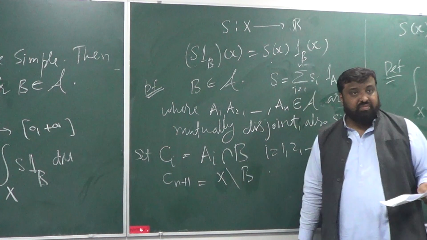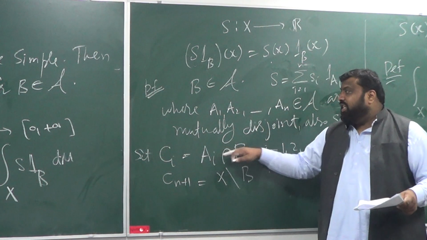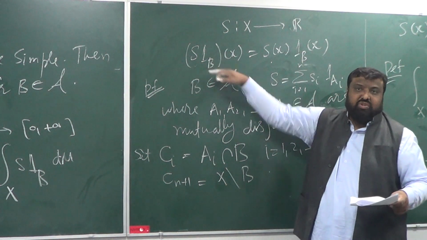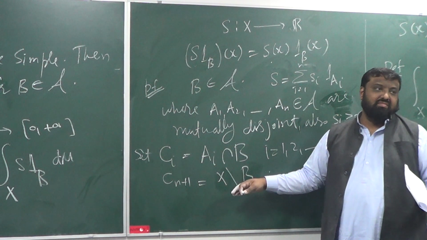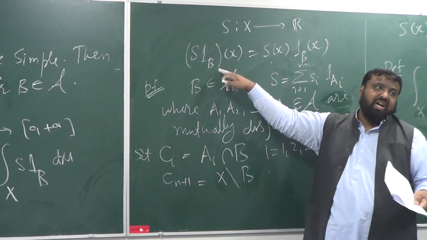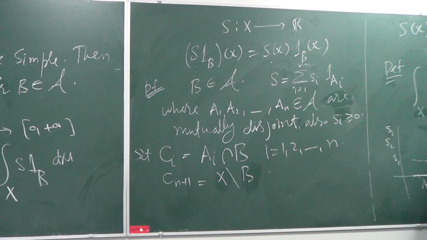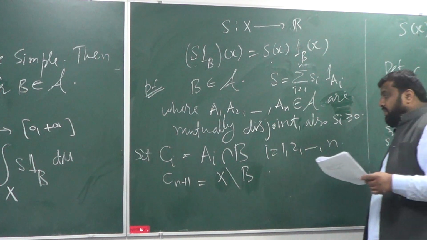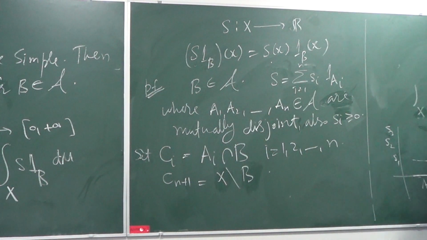Here the product is going to have some value, but on the rest the function is not going to have any value, so it's going to be 0, because the indicator function outside B is 0. Making sense? Yes. Okay, it's just a prep. These are the small things that you have to keep in mind if you want to prove this result.